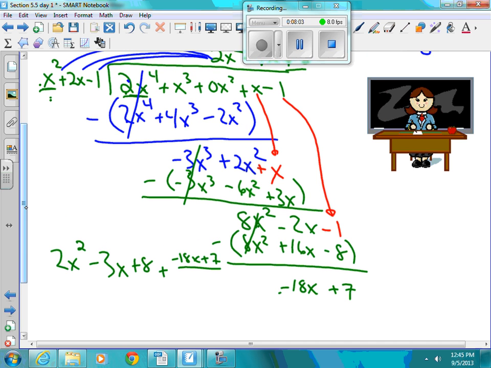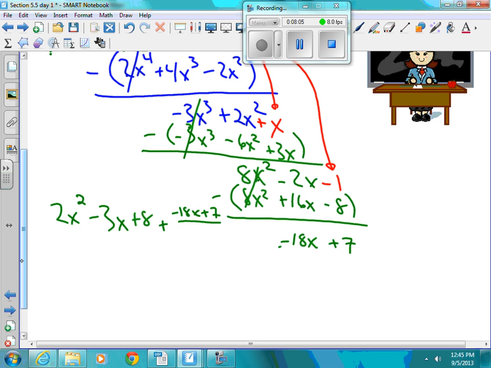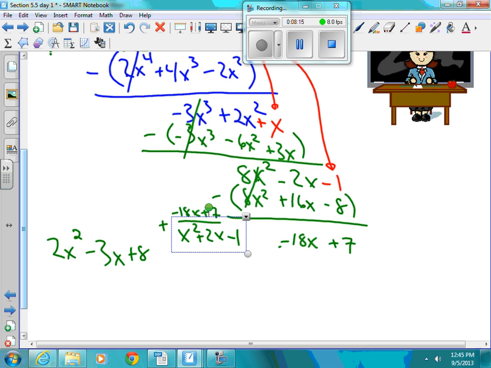We divided by x squared plus 2x minus 1. So this is how we would write our answer.